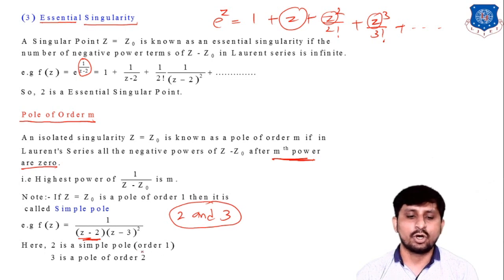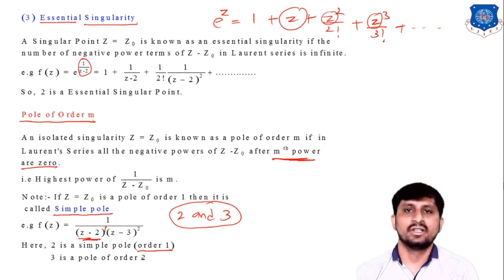Why is it a simple pole? Order 1. If a pole is of order 1, then it is called a simple pole. Try to understand this definition also. z minus 2 is a polynomial with degree 1, so 2 is a simple pole with order 1. And z minus 3 whole square is a polynomial with degree 2, so z is equal to 3 is a pole of order 2.